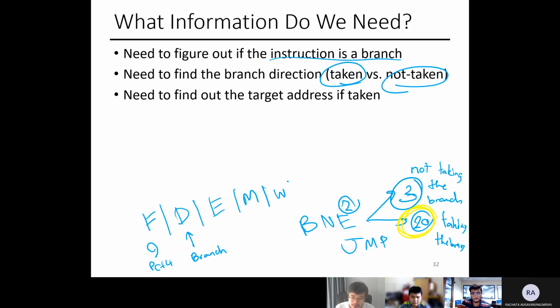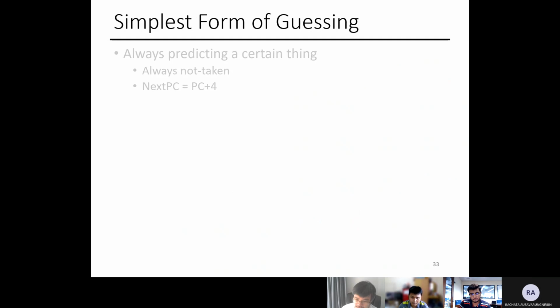And which side is the easiest to predict? If you take one side, either taken or not taken, that's fine. If you take the not taken side, where do you go next? PC plus 4, basically the next instruction. So the simplest form of guessing is always not taken, because I know that's PC plus 4, and I can always do PC plus 4.